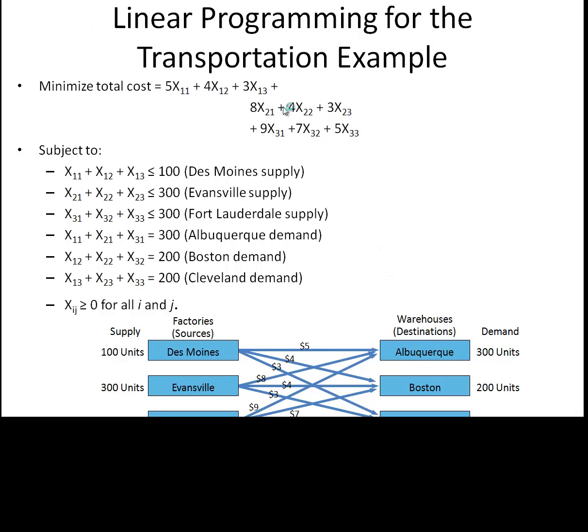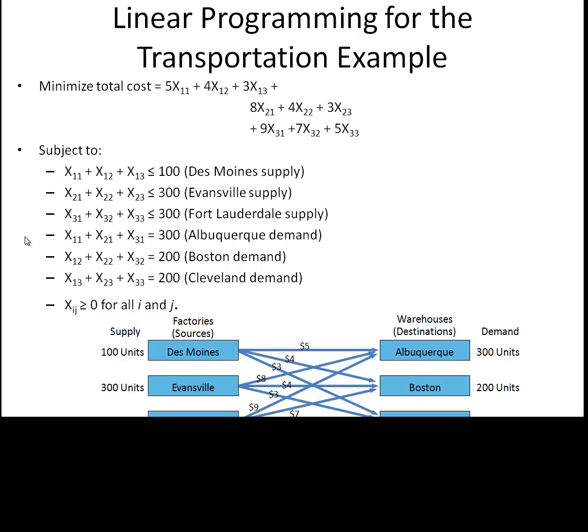We want to minimize the cost along each one of these routes. Subject to, well, here we have our supply function for Des Moines and our supply function for Evansville and so forth and so on.